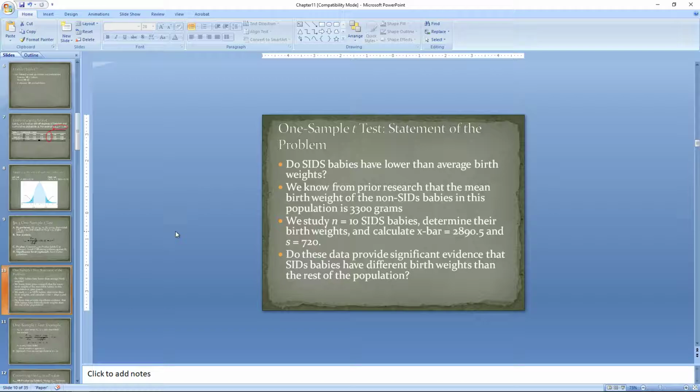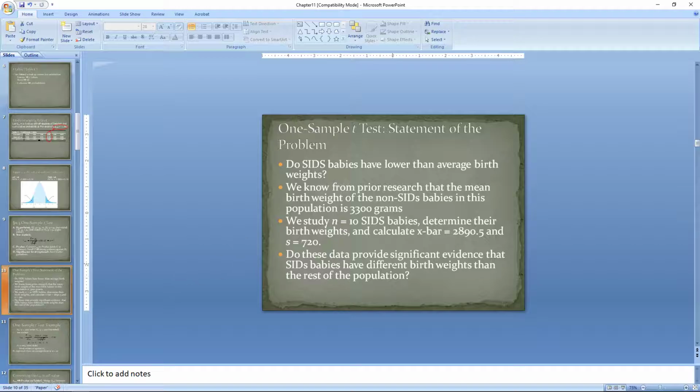So to run a one sample t-test, we're going to state the problem, and we're going to try to determine: do SIDS babies have lower than average birth weights? If you want to see this problem worked out in the book a little bit more, it's found on page 243.